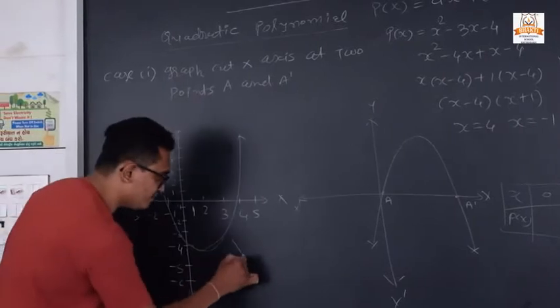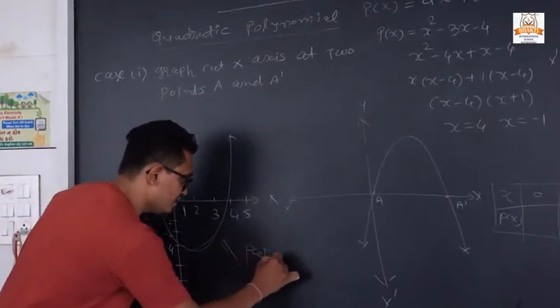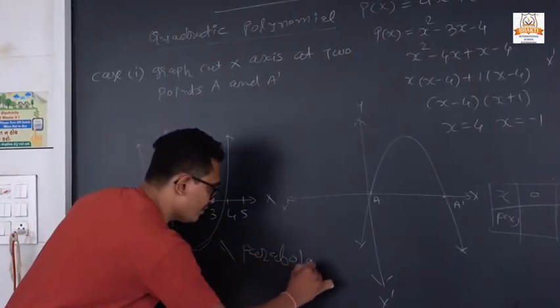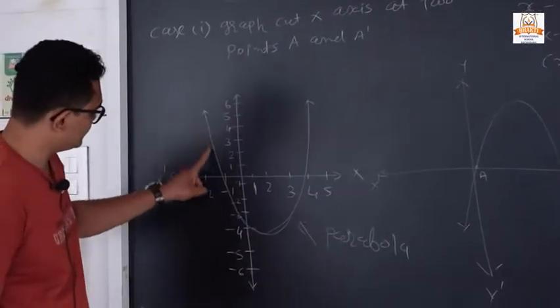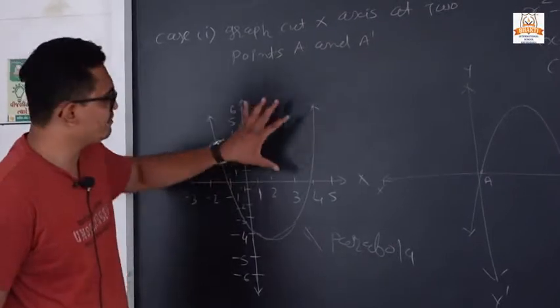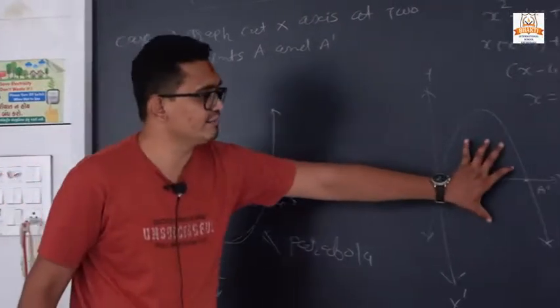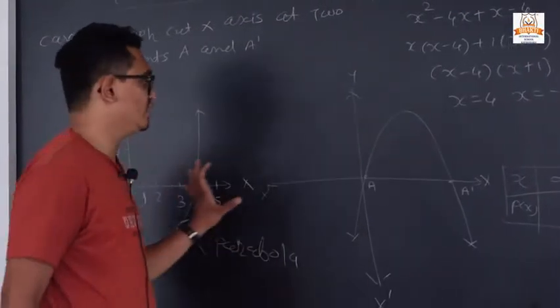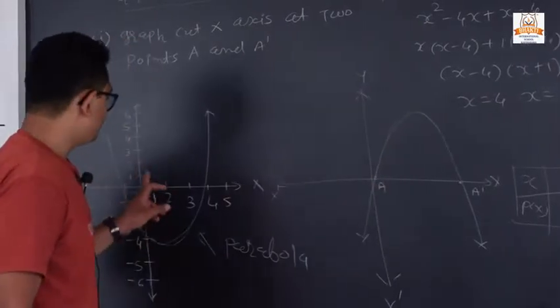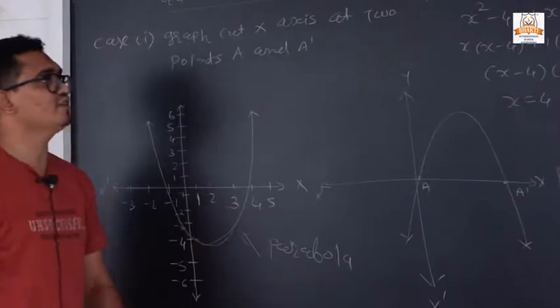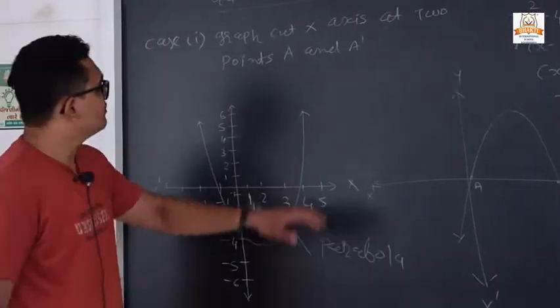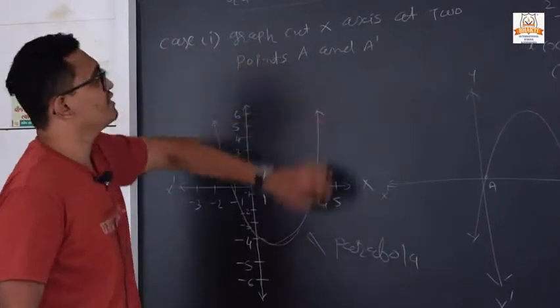Which shape is it? It is called a parabola shape. It is an upward parabola, and this one is a downward parabola. Clear? Either graph is a parabola shape. But now I want to tell you one thing about case number 1.